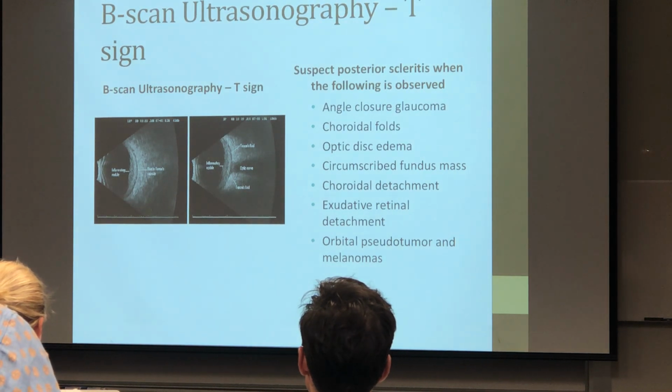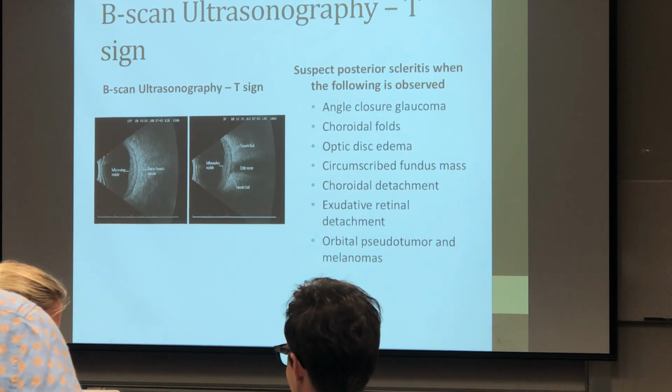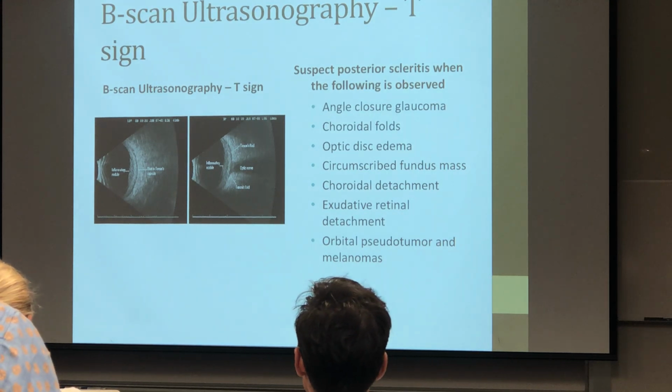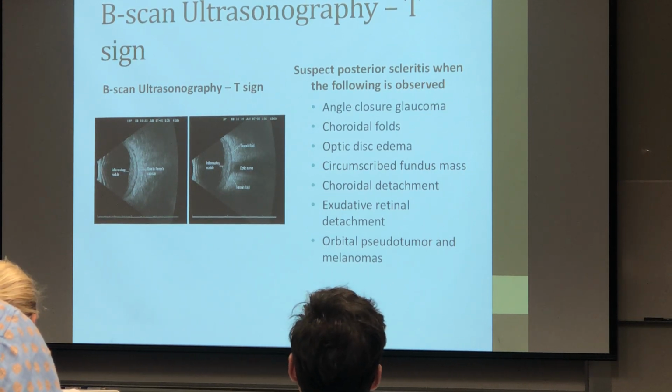On the picture on the left, you see the black line behind the sclera, and that's edema fluid. And when you have in your image the optic nerve, it creates a T-shaped sign. So one of the classic things you see on OKAP is a T-shaped sign in cases of posterior scleritis.